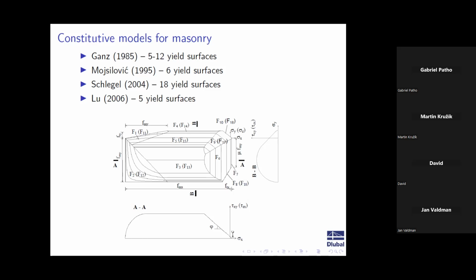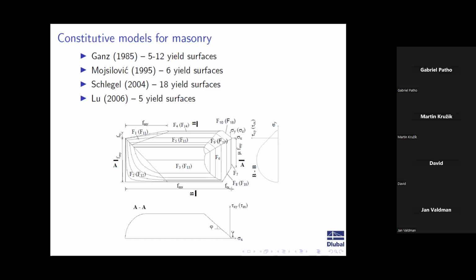I think the main model is from Ganz from 1985. I have listed some others, but these are actually modifications of the original work from Ganz. But as you can see here, they are not the most basic models.